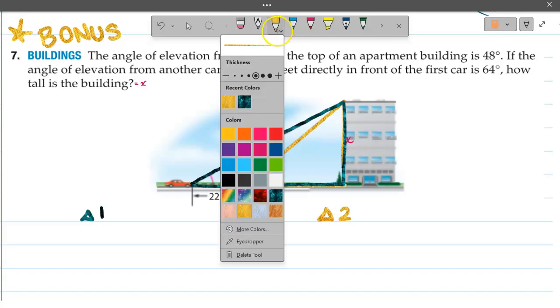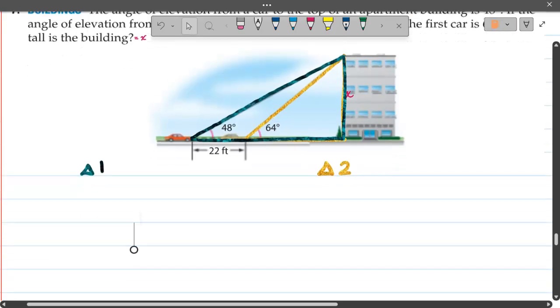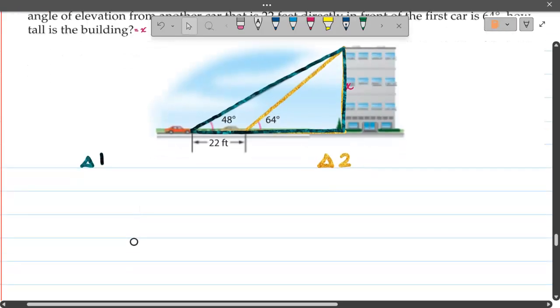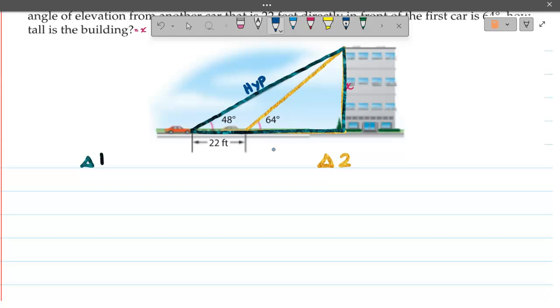So looking at triangle 1, we know that this is the hypotenuse, this is the opposite, and this entire side right here is the adjacent. And we don't know how long that side is. We know part of it is 22.